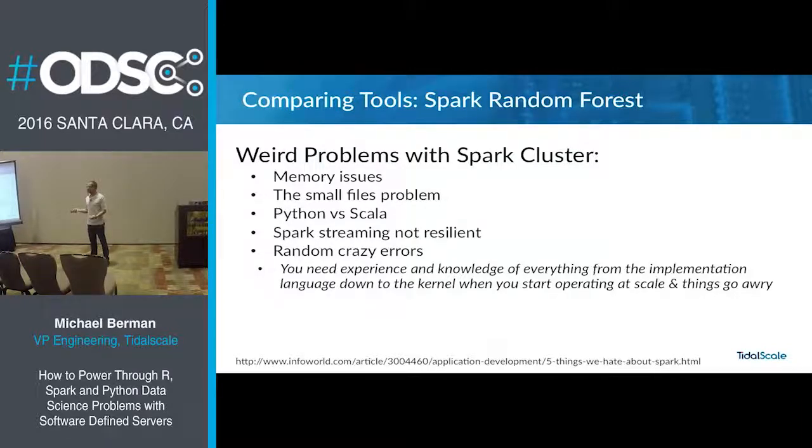Do you choose Python? You have to go to Scala. Spark streaming's not resilient. What we're talking about there is if you have flow problems getting the data into your cluster, it doesn't fail gracefully, right? And sometimes things don't work, and it's got nothing to do with you or your job, but you have so many pieces underneath.